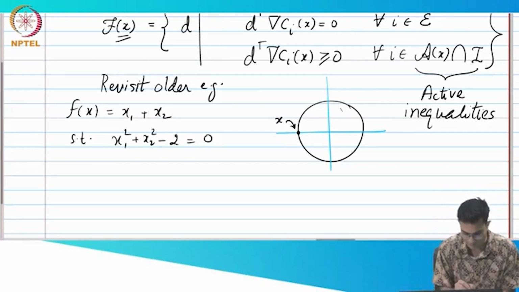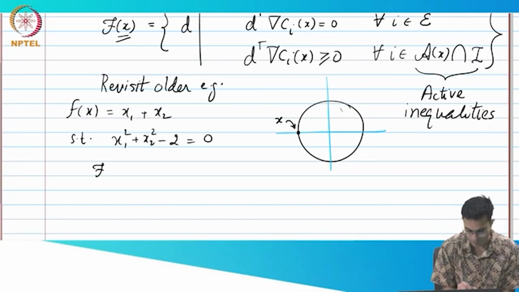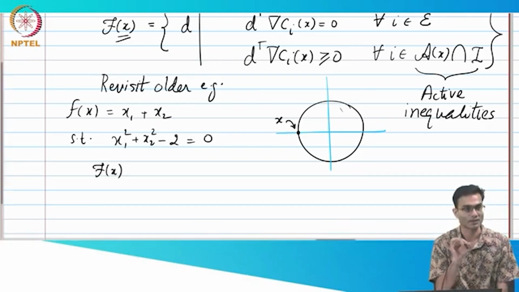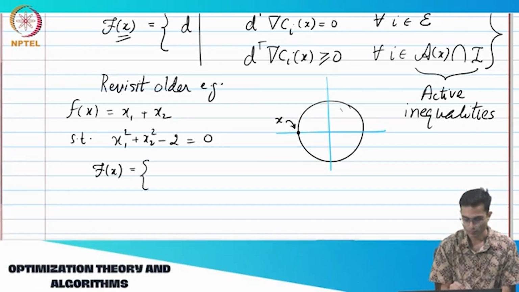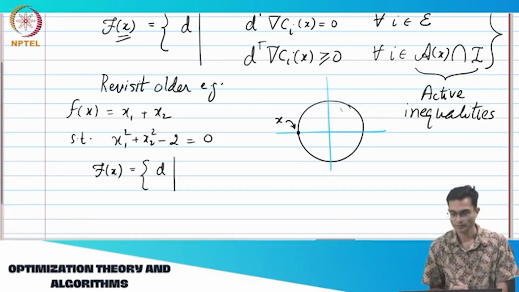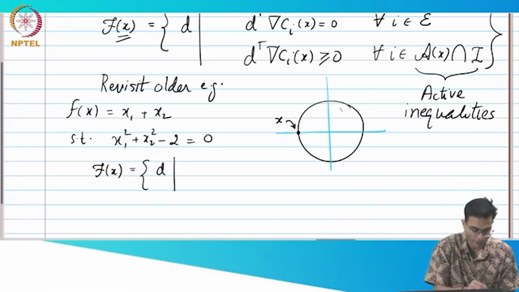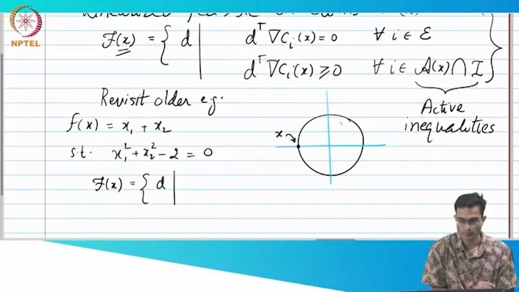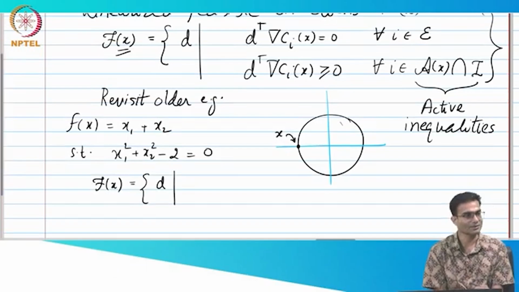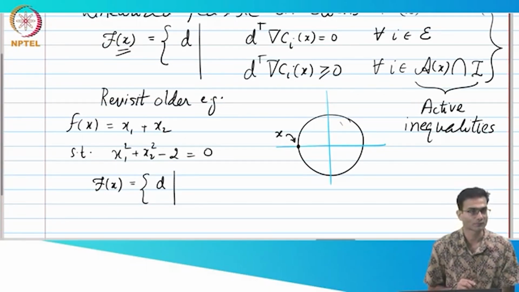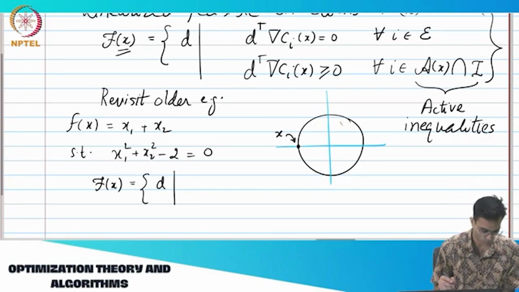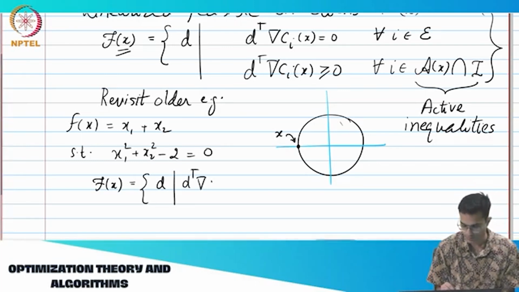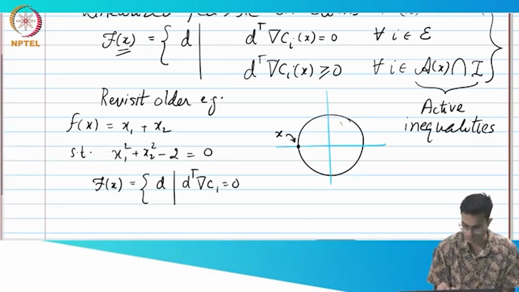So having this definition in mind, at this point x, if I ask you what is d, how do I define it? What will we write? d transpose grad C1 equal to what? 0, right? So d transpose grad C1 equal to 0.